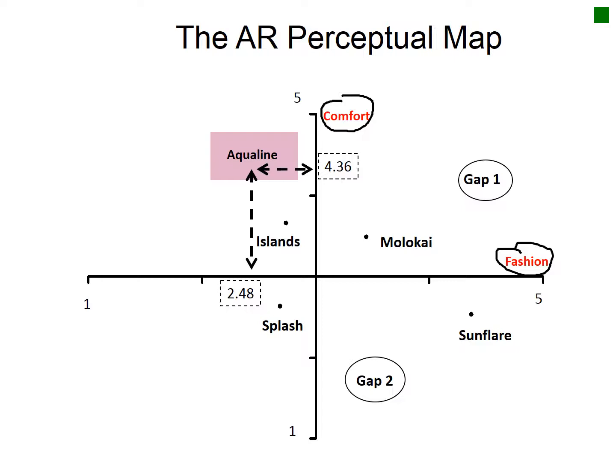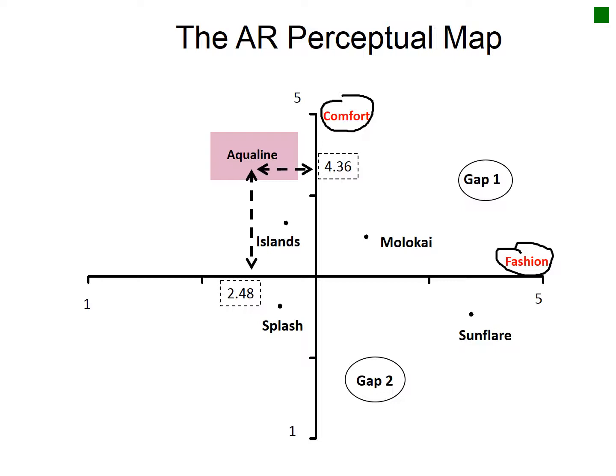Okay, so these are kind of in between. We have kind of a general trend where the brands are moving from left to right, top to bottom. We have some that are over here in fashion more so, some that are over here in comfort more so, Molucca, Islands and Aqualine. Splash is kind of down here where they're less comfortable and less fashionable.